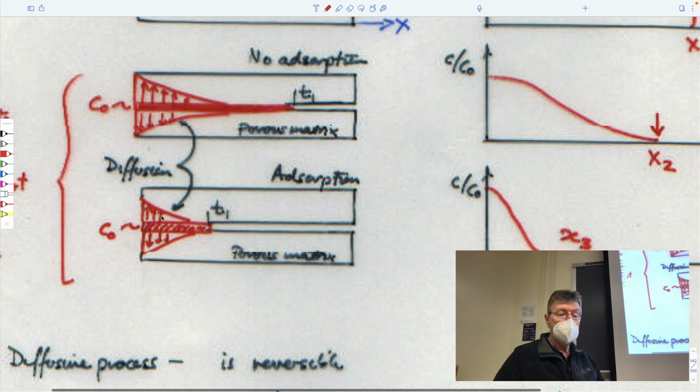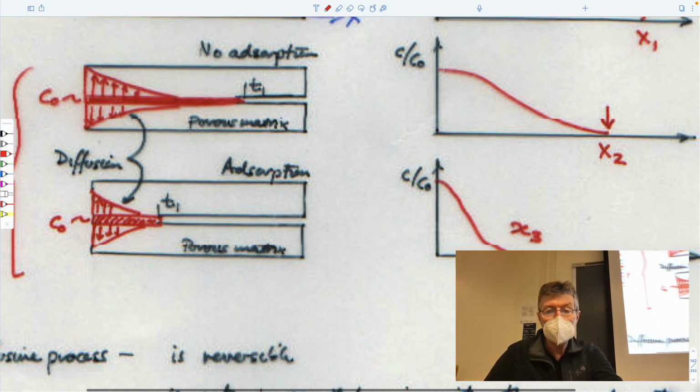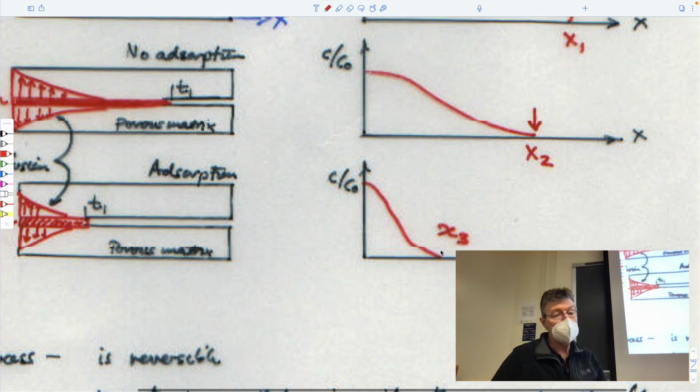And also the concentration that's inside will be reduced by some amount. And so as a result of diffusing into the water and being sorbed onto the immobile grains, you get a further reduction in the distance that it's traveled downstream.